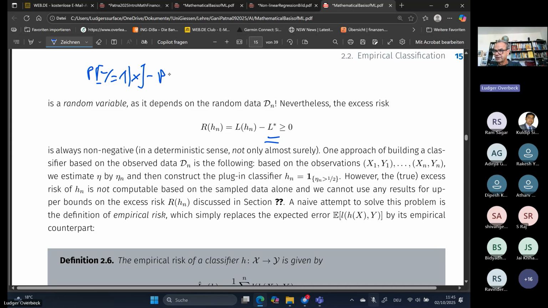It's a posterior probability. Perhaps you've heard of this. You observe X, and then you have a probability that's in class 1.